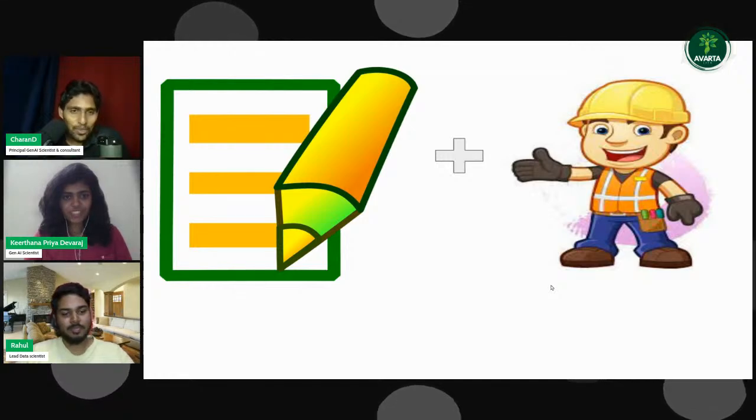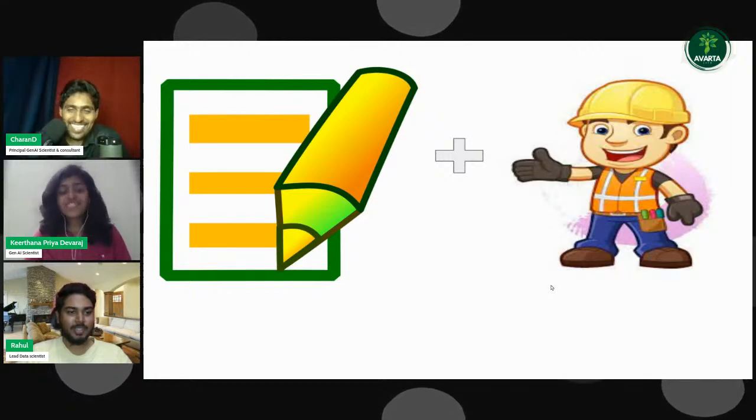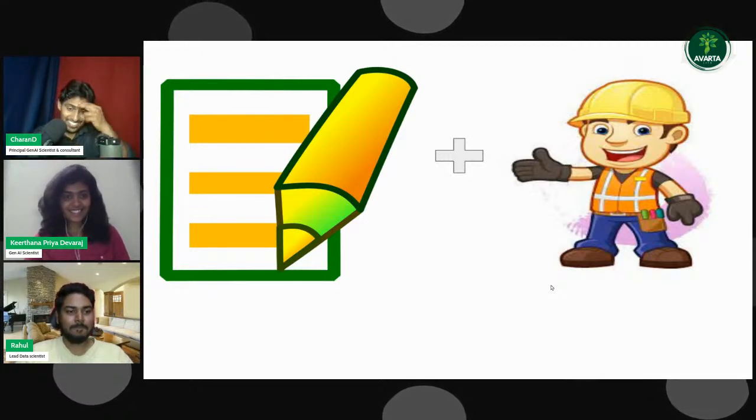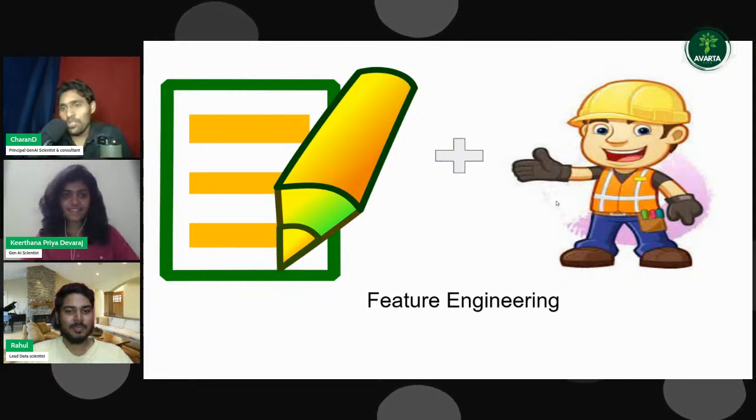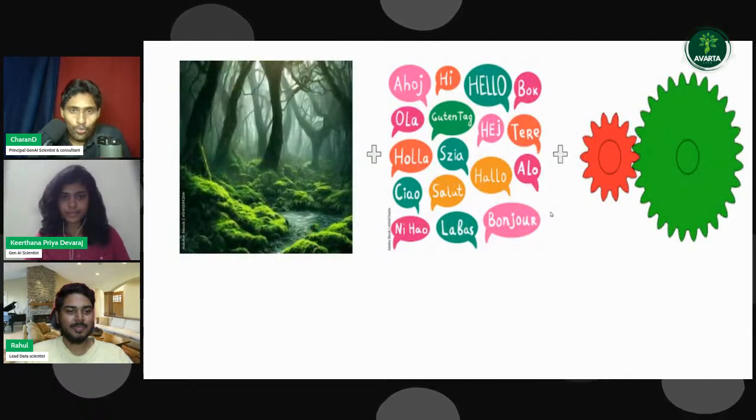So these two are different attributes, features, feature plus engineering. Shall I lock? Yes, sir. Yes, it is. The features here and engineer here you need to connect together in feature engineering. That's great.